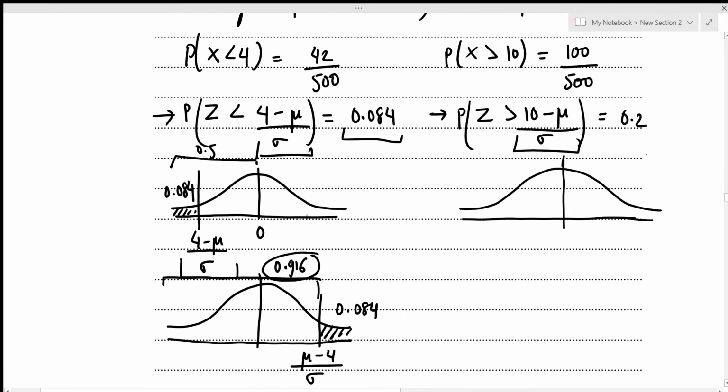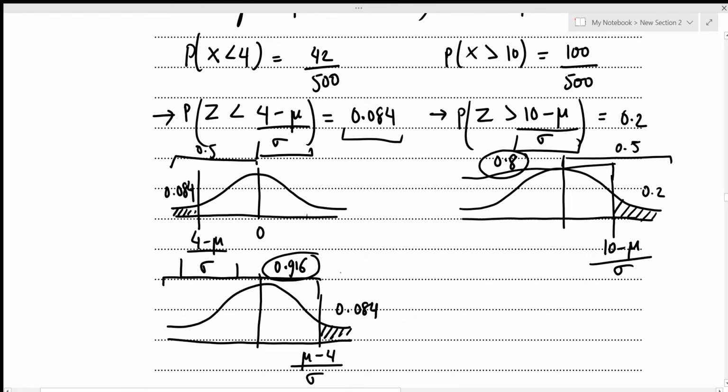Again, since we know that the probability to the right hand side of the mean is going to be 0.5, this value is going to be somewhere around here. So that's (10 minus mu) by sigma, and the greater portion has the probability of 0.2, which means that the probability less than this number is going to be 1 minus 0.2, which is 0.8. So we're going to look for the corresponding z value for the probability of 0.8 and 0.916.